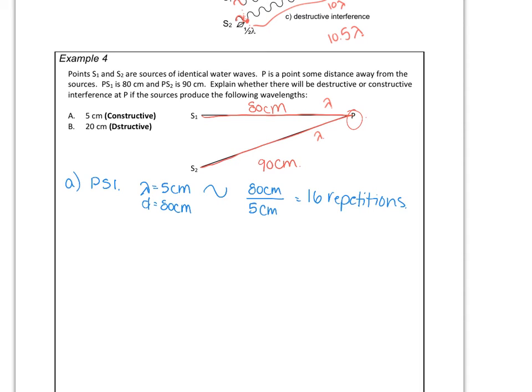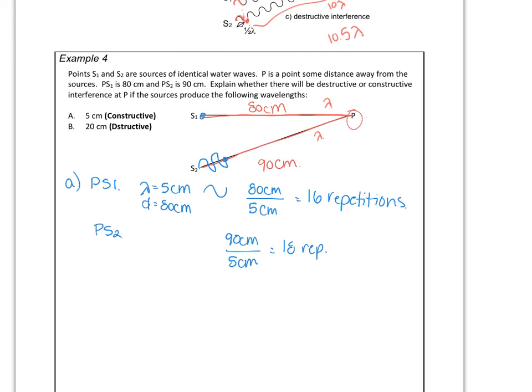Then I'm going to do the exact same thing for distance P to S2. I divide 90 centimeters by 5 centimeters, and I find that I can get 18 repetitions. That means that 2 waves happened before S1 started.